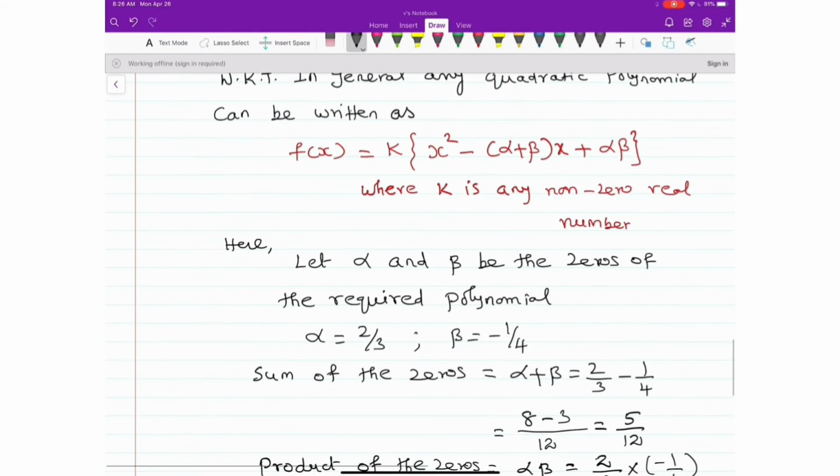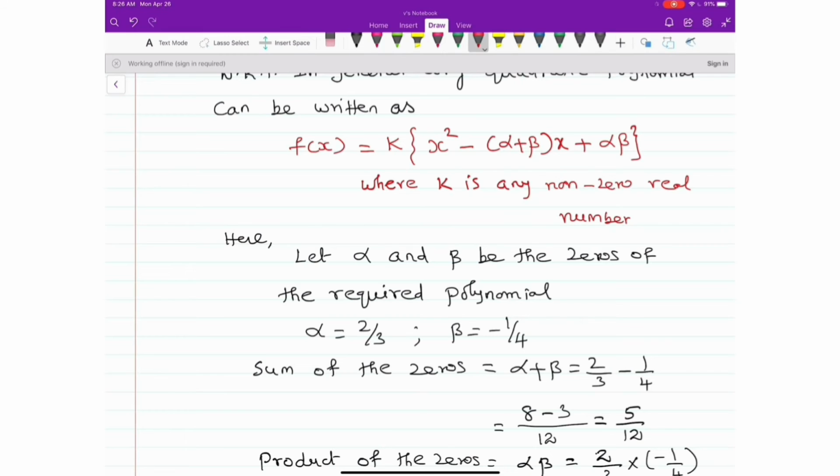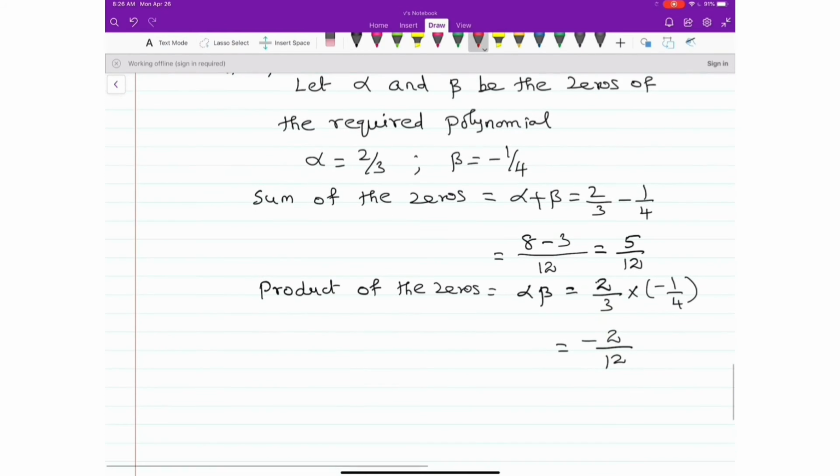Let me name this quadratic polynomial, what I have written over here, as 1, and sum of the zeros as 2 and product of the zeros as 3.